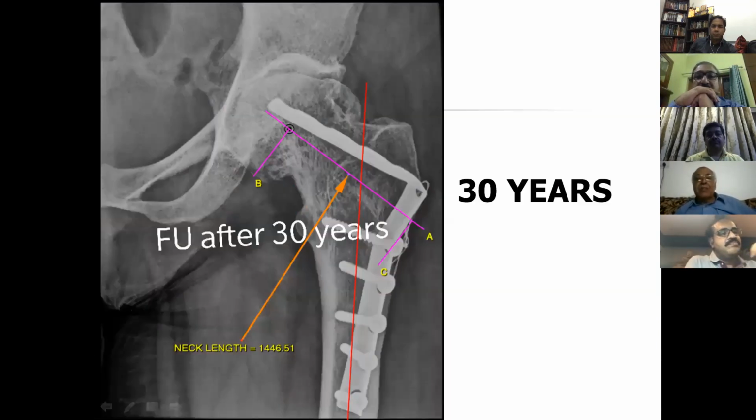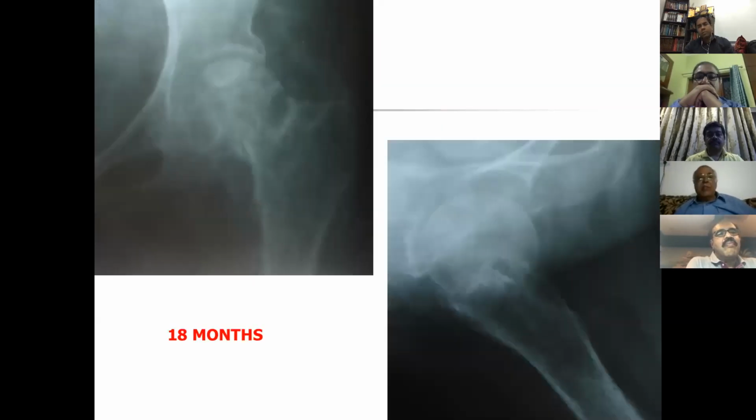And last month, this is 30 years follow-up. Mild OA changes, and she walks beautifully with no limp. I have made all these lines to draw the various angles, neck shaft angle, neck length, and all those things, just for your understanding. I can have a longer seminar.